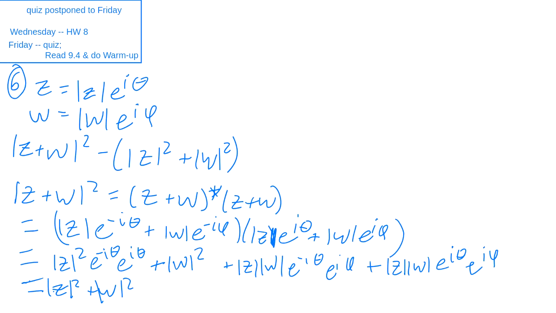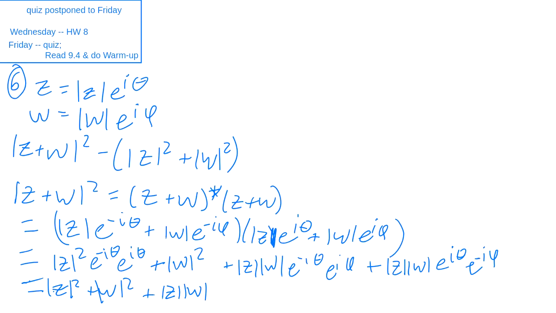third line down. All right, so this term right here, and so I'm going to rewrite the other terms. They both have a product of the moduli, Z modulus times W modulus, cool. And then we've got e to the I, and this, I made a mistake right here. On the last term, it should have been e to the minus I phi.